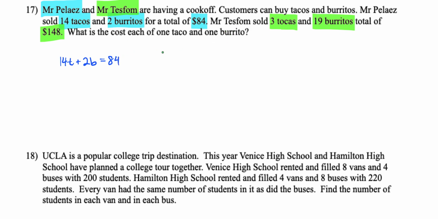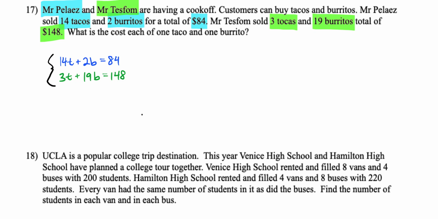And then for Mr. Testfoam, I have 3 tacos and 19 burritos is equal to a total of $148. So these two pieces together make my system of linear equations. I have to use both of these together to find the cost of each taco and each burrito.